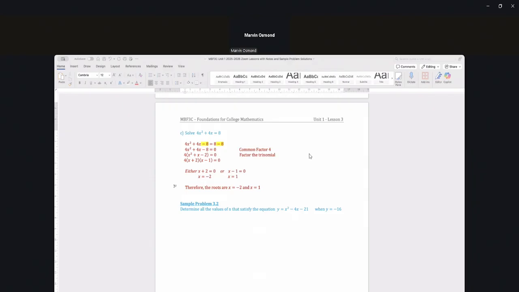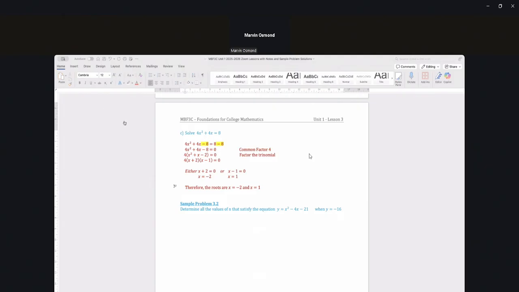So we said the x-intercepts are negative 2 and positive 1, which is across the x-axis, and across the y-axis, negative 8. There's the number at the end that gives us the y-intercept.